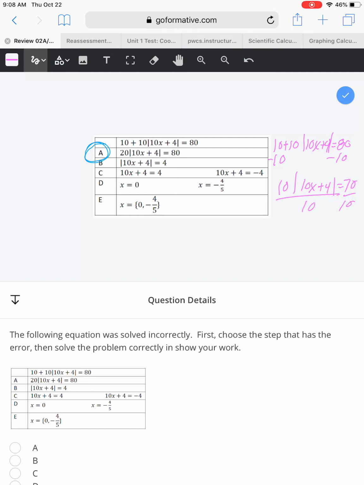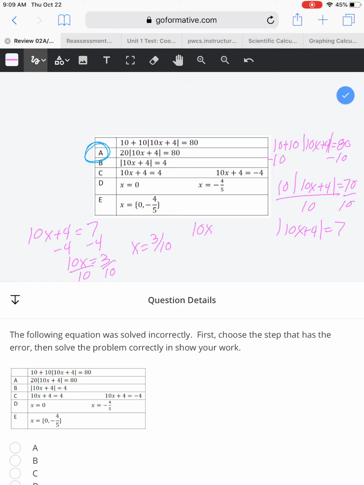Divide by 10, divide by 10. Absolute value of 10x plus 4 is equal to 7. And then I make sure I solve it twice. So 10x plus 4 is equal to 7. Subtract 4, 10x is equal to 3. Divide by 10, x is equal to 3/10.